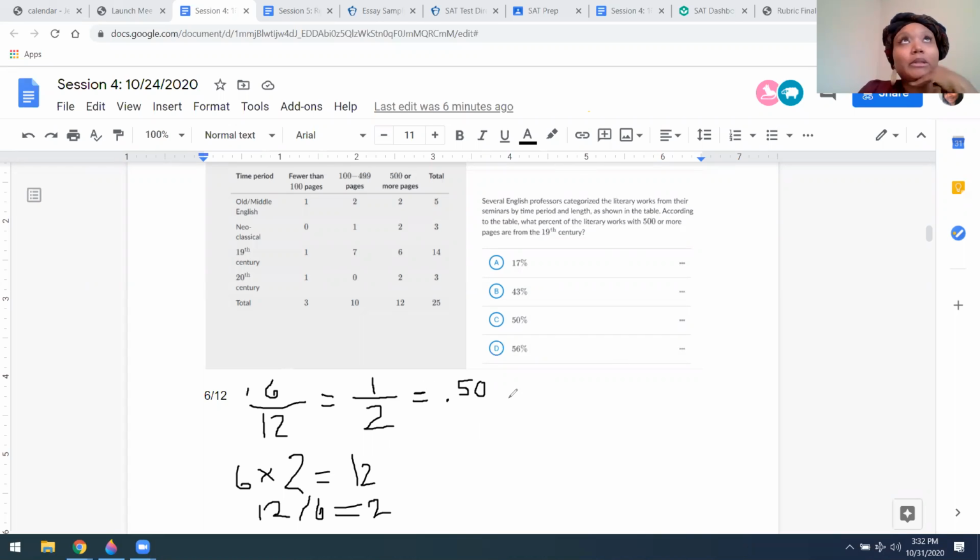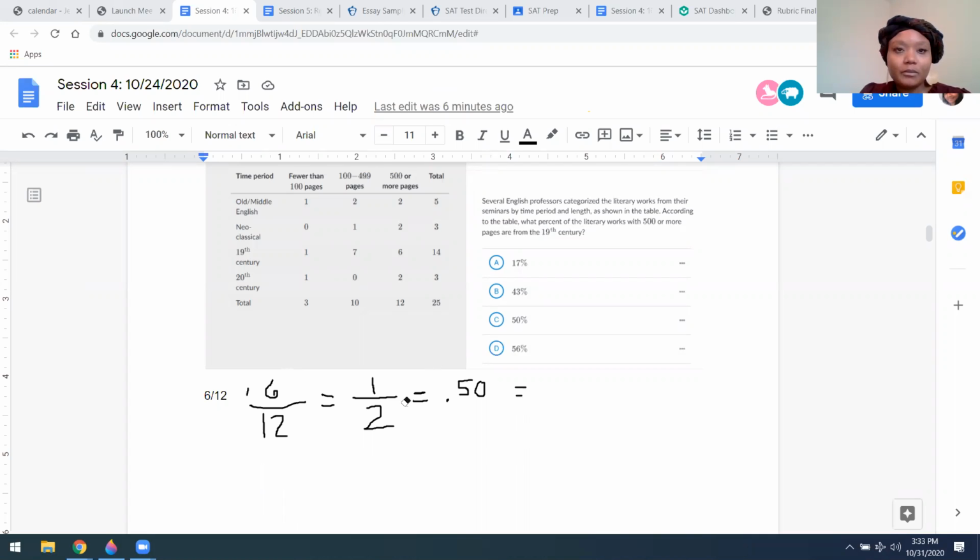So with percentages, do you understand why we got from 1/2 to 0.50? Just for the sake of time, I'll go ahead and explain it.